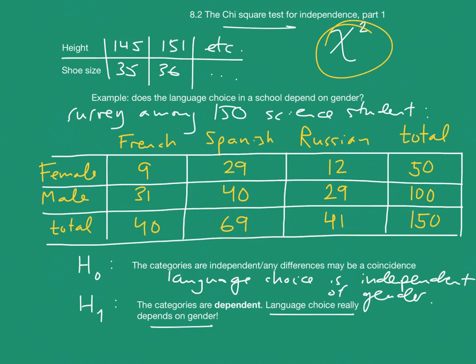And this is going to be a measure of how this compares to what we would expect. And that's why we're going to start with finding expected values. So we'll compare what we actually found in the survey with what we would expect to find.